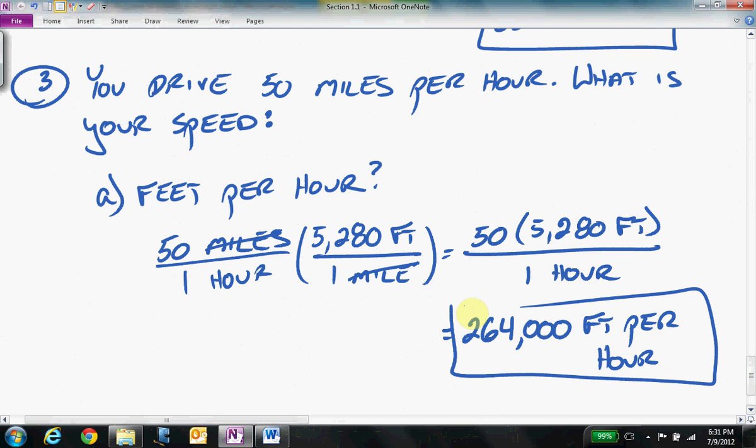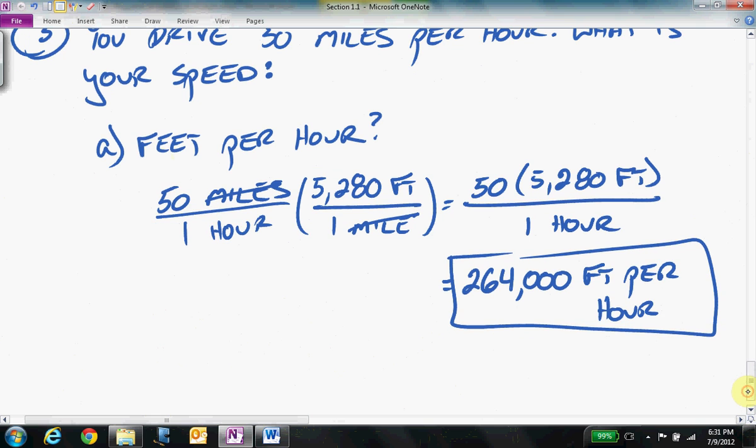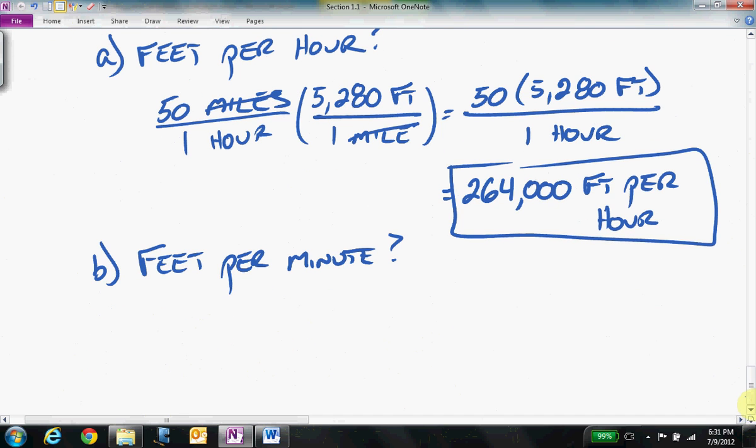All right, good work. Next, we're going to have to deal with 2 different conversions. We're no longer interested in feet per hour, we're interested in feet per minute. So we still only know 50 miles per 1 hour.